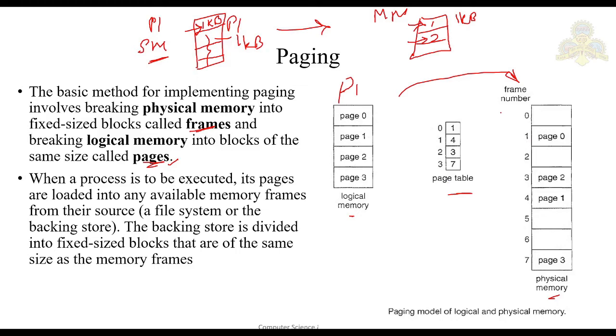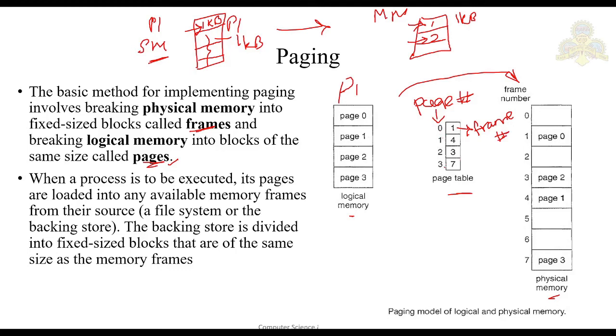Your page table has two fields, as you can see over here. The first one is the page number. It accepts a page number as the input and gives you a frame number as output. So your page table has two parts: one is the page number and another one is the frame number.